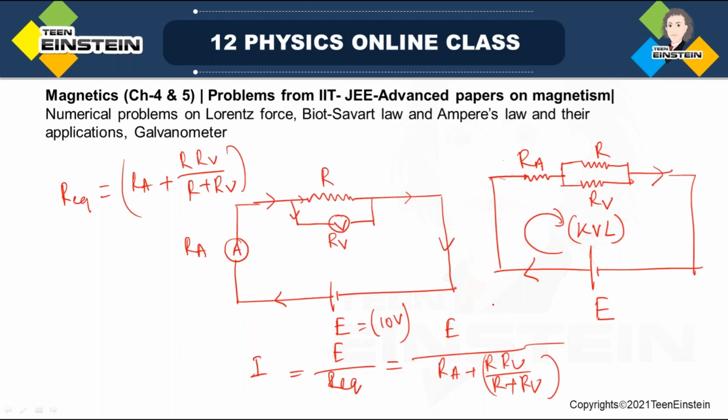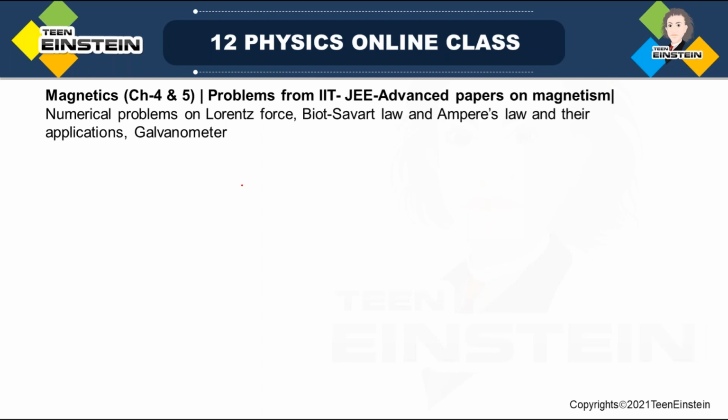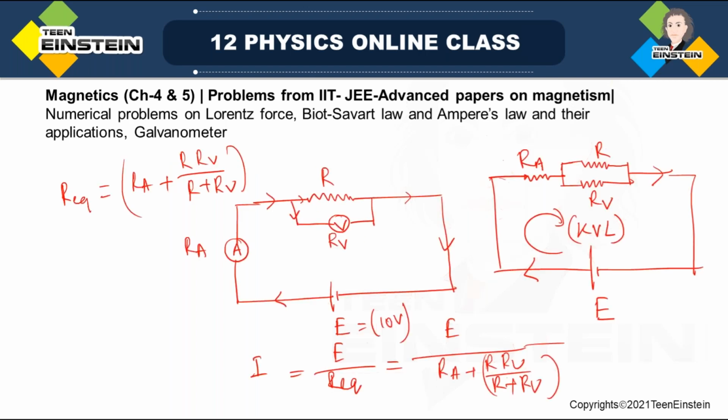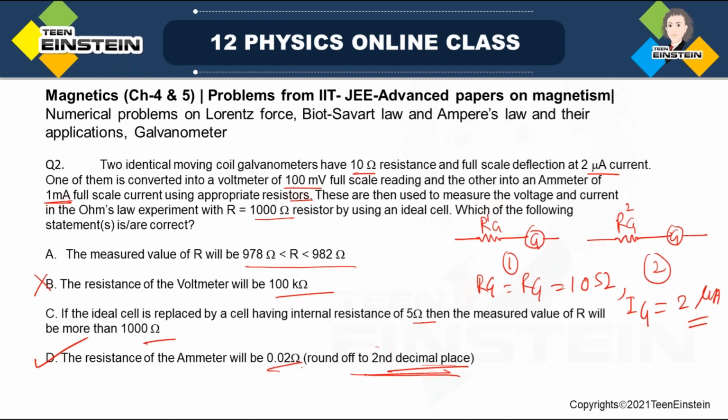okay, let me go to the next page. So E minus I into RA, and if the unknown resistance, so since it is actually, see, RV, we have already found out what was RV.